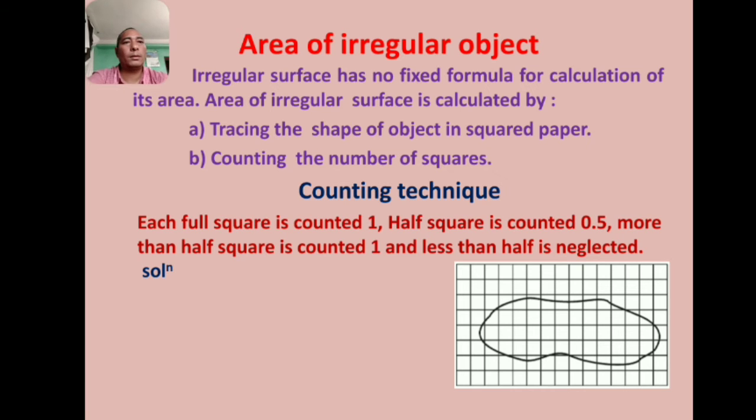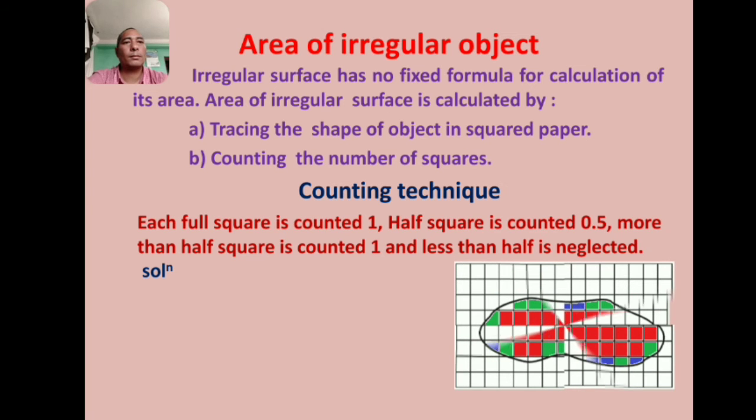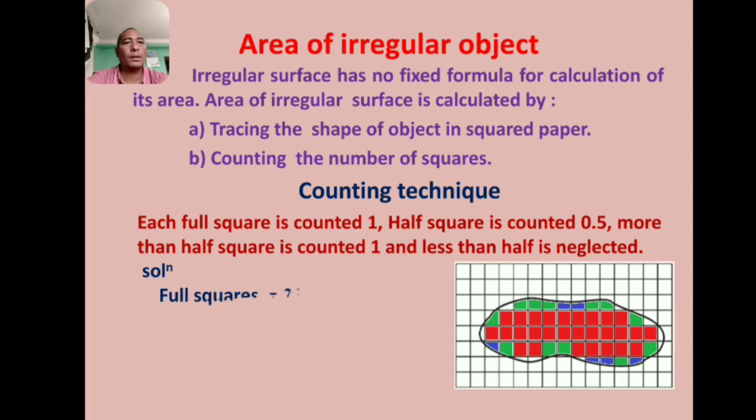Solution. Full squares equals 28. More than half square equals 12.